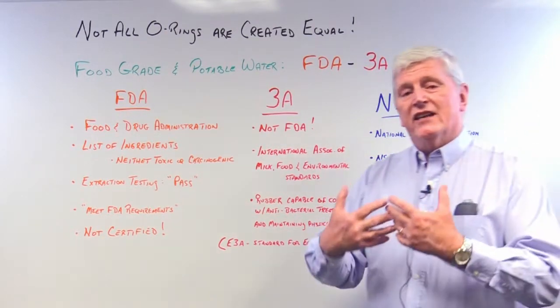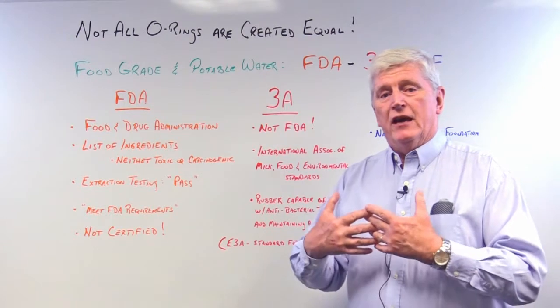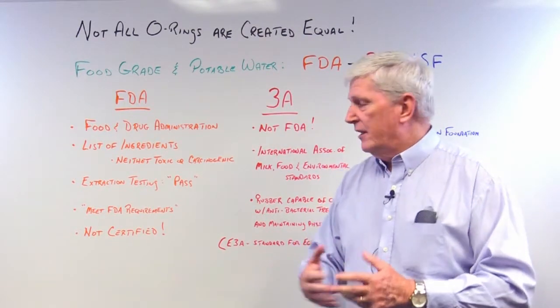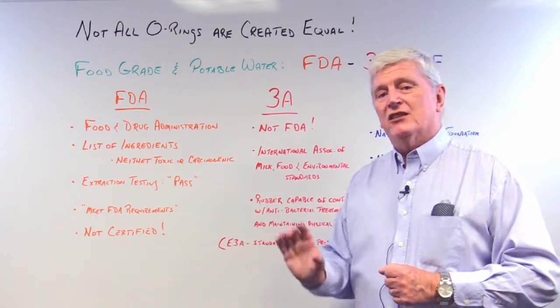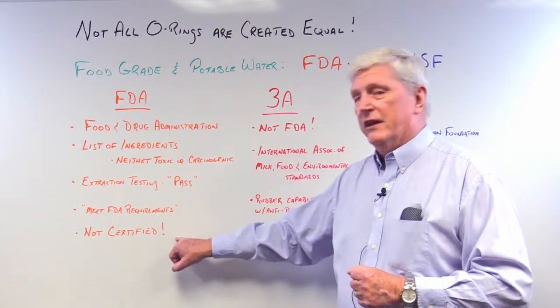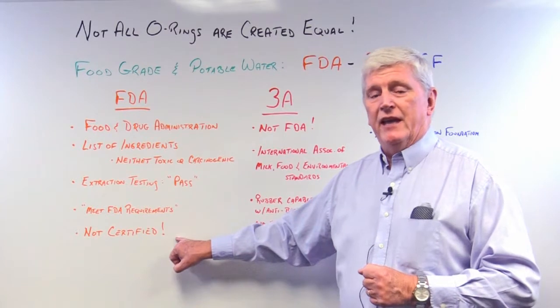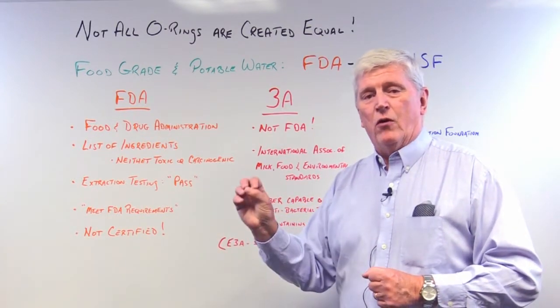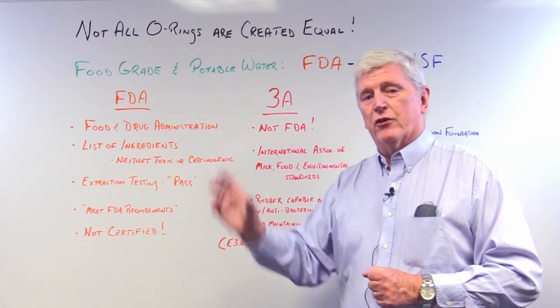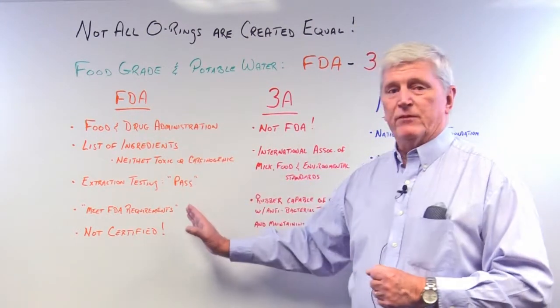Once that is done, the O-ring material is deemed to meet FDA requirements, not to be confused with being certified. The FDA does not certify O-ring materials or compounds, but rather creates a list of acceptable ingredients.